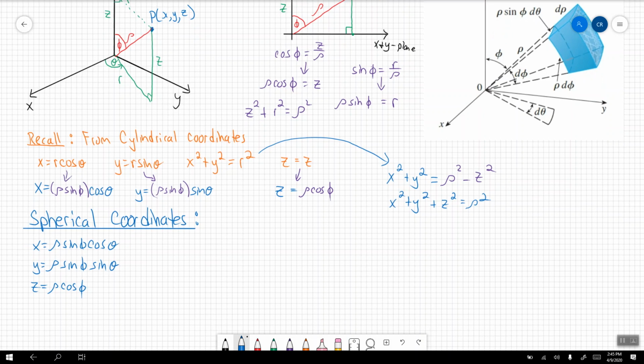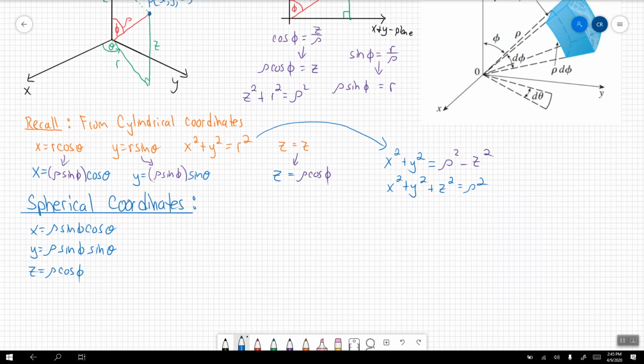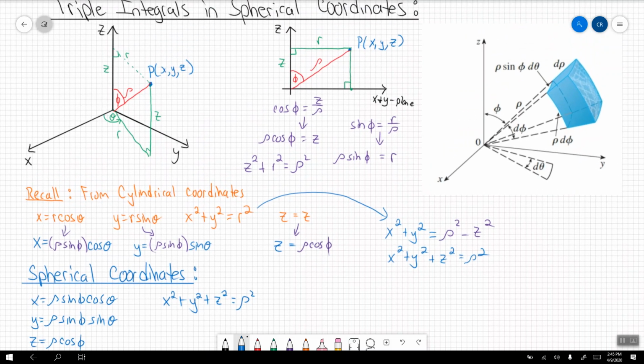Guess what that's the equation for? Yep. It's the equation for a sphere. Which means x, y, and z will always get us this equation of a sphere, x squared plus y squared plus z squared, and it's always going to be equal to rho squared, where rho is the radius of this sphere, which stands to reason that we have these spherical coordinates.